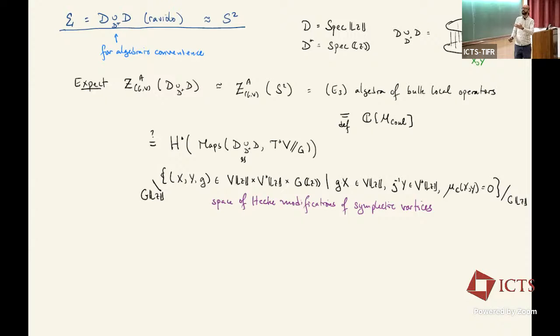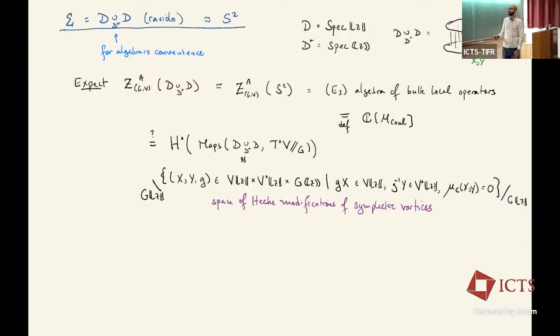derived stacky structure, one finds that maps from the raviolo to the symplectic quotient boil down to having sections X and Y, well, of a trivial bundle on the bottom disk, meaning Taylor series valued elements of V and V dual valued in Taylor series, an isomorphism between the top and the bottom everywhere except at the origin, which is an element of the algebraic loop group, together with the condition that once you get to the top, you can still extend over 0.